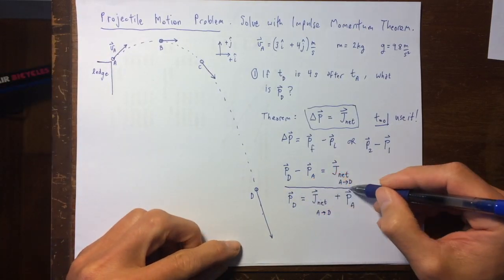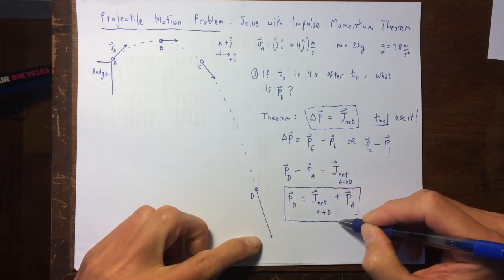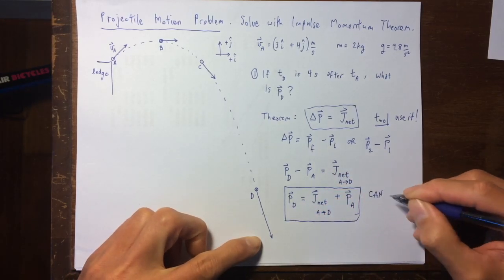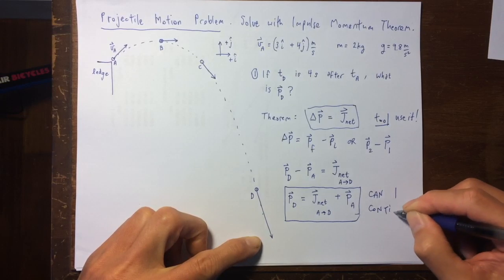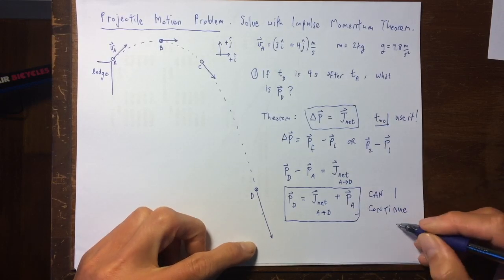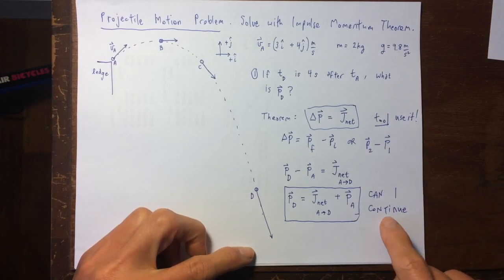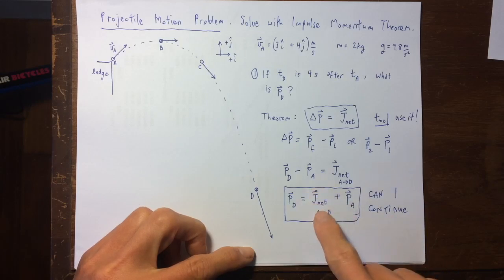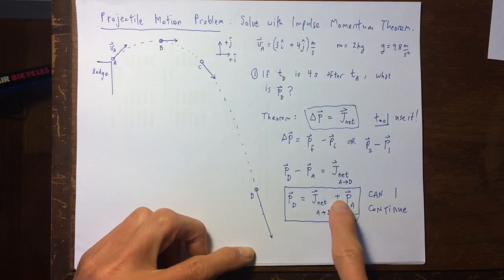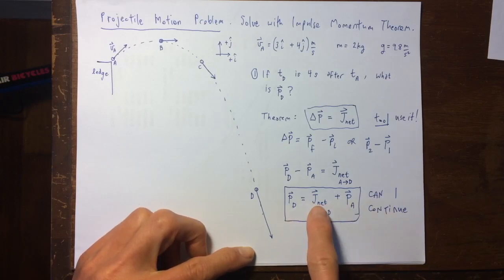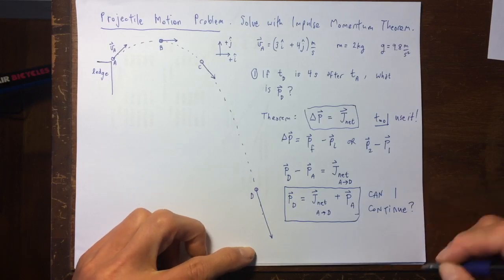And if I get here, I want to know, can I continue? And the answer is, well, I can continue if I can calculate this and I can calculate that. Because if I can calculate these two things, I know how to add vectors. And then once I add them, I know the answer, right? So can I continue?